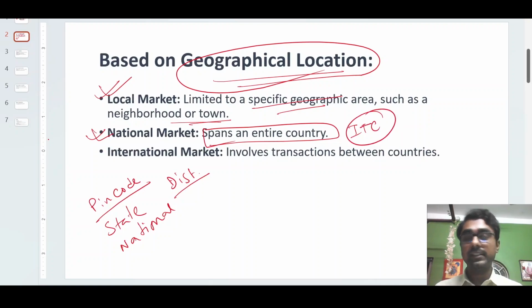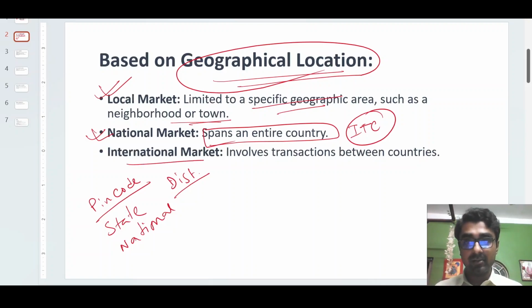You can get ITC's products anywhere across the country. It may be in other countries also, but I am considering across the country. Whatever the promotional strategy or products, they launch not only in a particular market but across the economy, across the country.